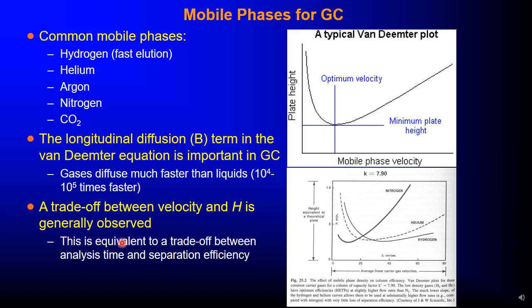This is equivalent to a trade-off between analysis time and separation efficiency. So you might take longer time to get better separation, or you might take shorter time and trade off separation efficiency. So as you can see in the Van Deemter curve, you have to really balance the three terms.